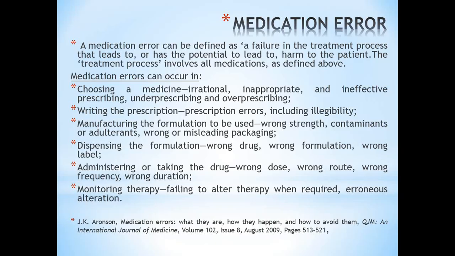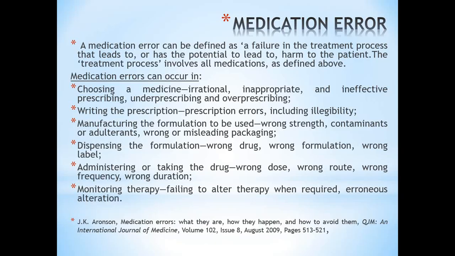The third one is manufacturing the formulation to be used with the wrong strength or contaminants or adulterants, or misleading packaging. This is for the compounding of the medication. That is, during the formulation of the compounded medicine, the pharmacist may use the wrong strength or contaminants or adulterants.